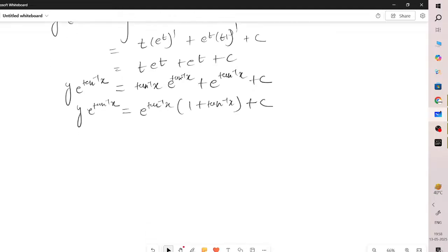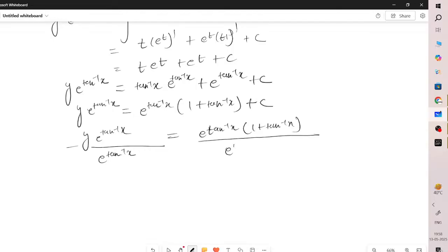Now we divide both sides by e to the tan inverse x. So y times e to the tan inverse x divided by e to the tan inverse x equals e to the tan inverse x times (tan inverse x minus 1) upon e to the tan inverse x, plus c upon e to the tan inverse x.